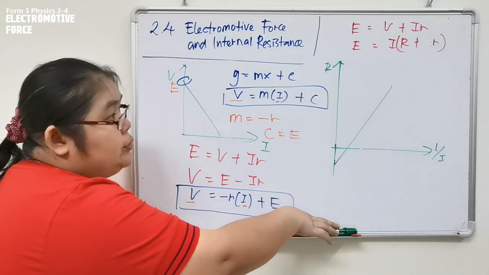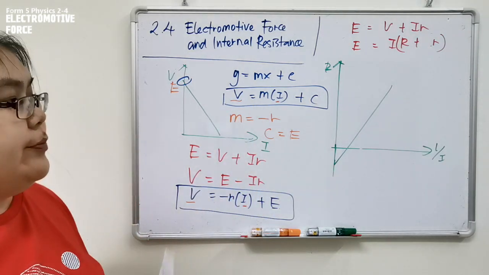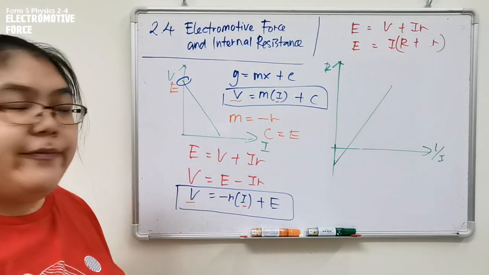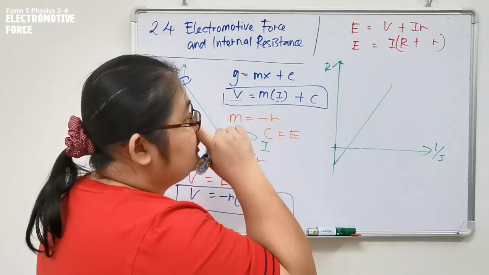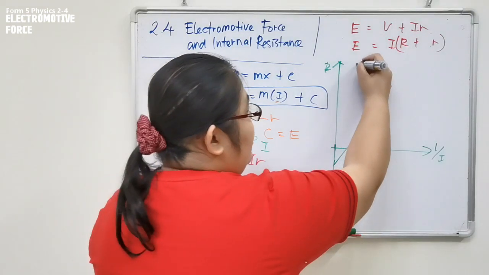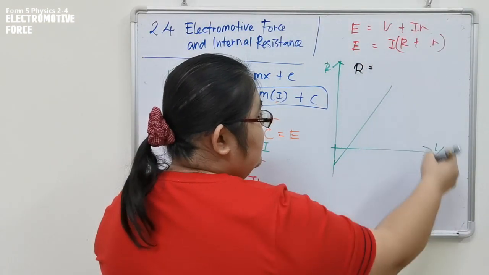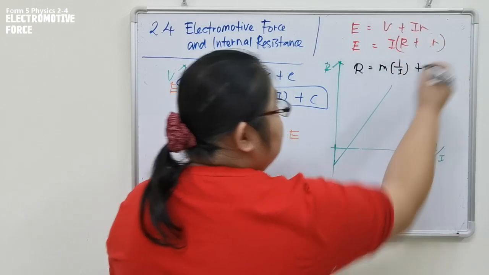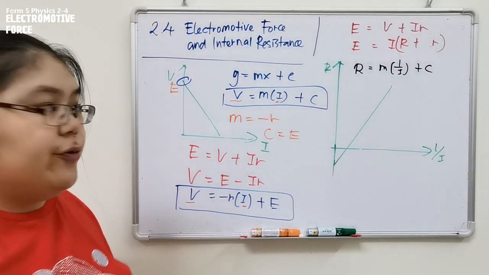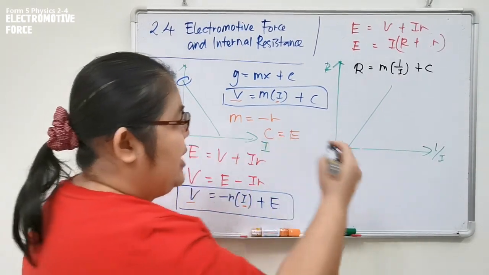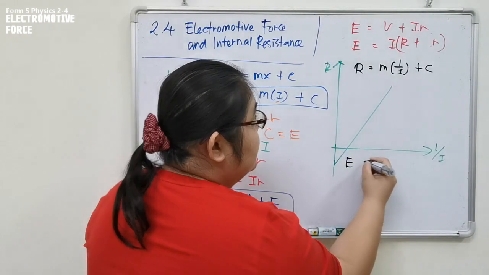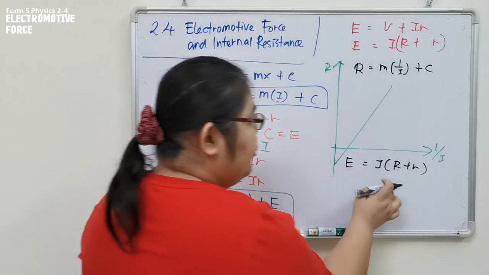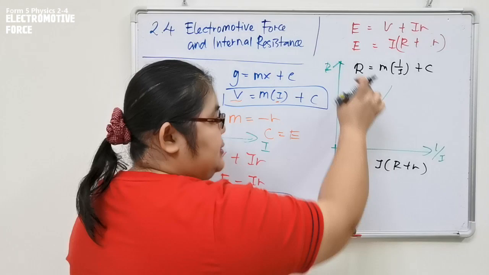Okay, then we go to the other graph. For this graph, we use this equation, because now we don't have any potential difference. So we just create R equals m times 1 over I plus c, so that means m is the gradient. From here, I need to take this equation and create the pattern like this.